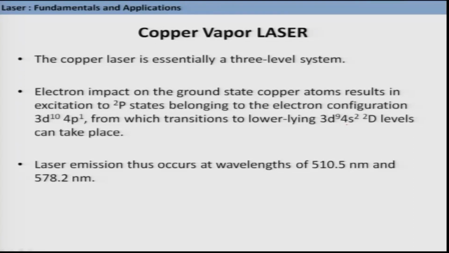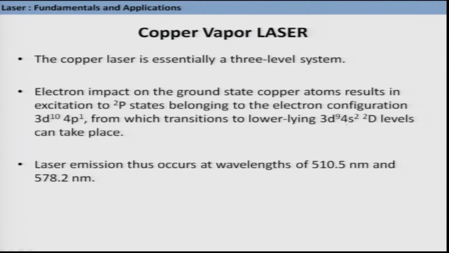Next, we will go through this copper vapor laser system real quick. This is another atomic gas laser. This copper vapor laser is essentially a 3-level system, and like any other gas laser, here also the electron impact plays a role.